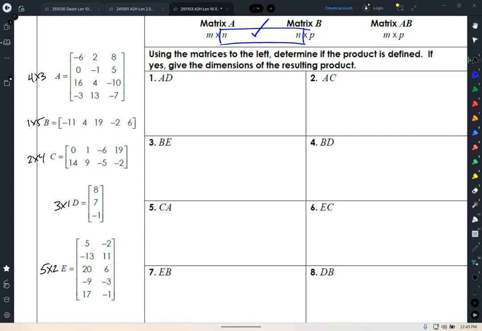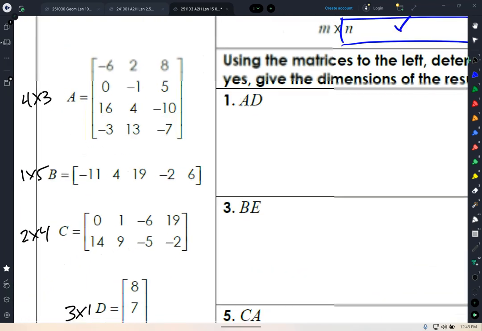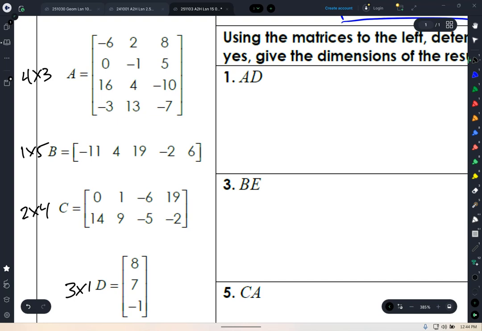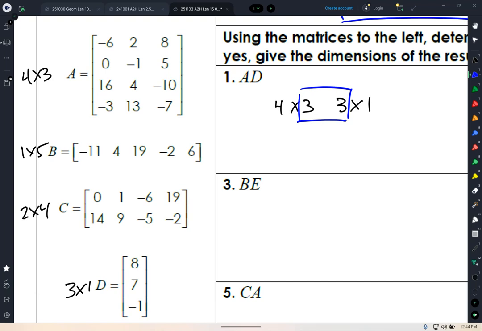Everybody good? Okay. All right, let's talk about, can we multiply AD? Can we get a result of AD? So here's what I want you to show me for work when you write this out. You're going to start with A and go 4 by 3. And then you're going to start with the dimensions for D, and you're going to go 3 by 1. And then you're going to draw a box around columns of A and rows of D. You're going to verify that those two numbers are in fact the same.